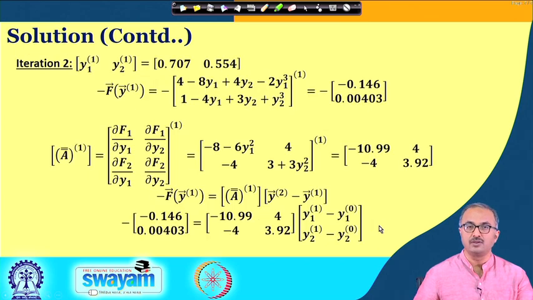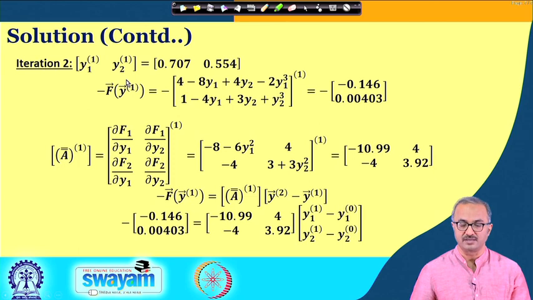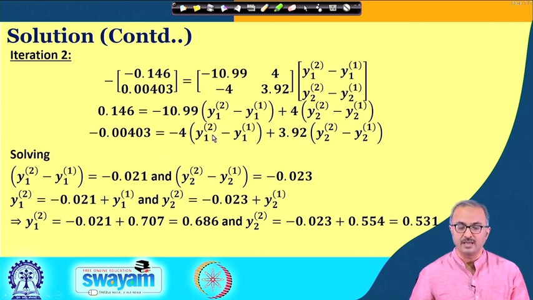Now, taking these values of y1 and y2, we again go for the next iteration. Here again we find the function values, and the Jacobian we evaluate for the new set of y1, y2. Here we get them, and again we put these values in this equation. Again we obtain a set of two linear algebraic equations.